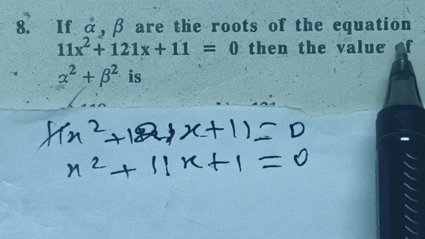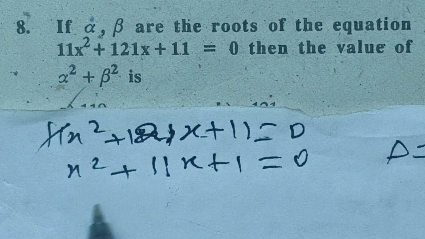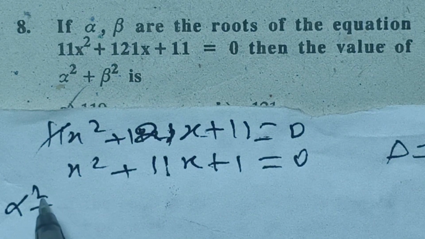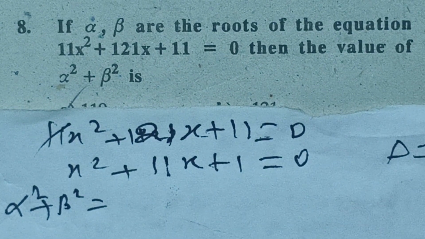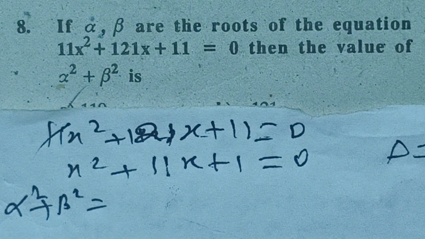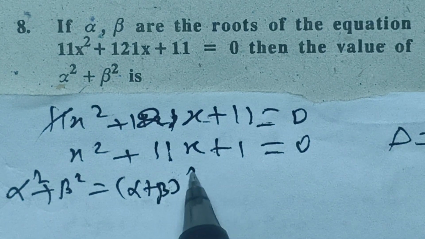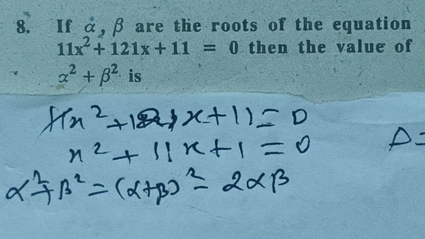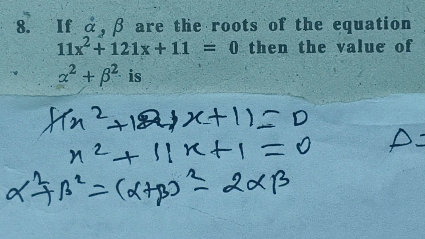We can reduce the given equation this way. If alpha and beta are the roots of the equation, then alpha squared plus beta squared is equal to alpha plus beta whole square minus 2 alpha beta. Using this formula, we can find the value of alpha squared plus beta squared.